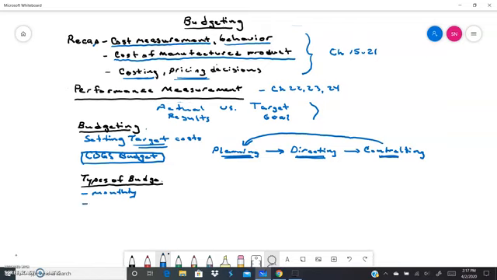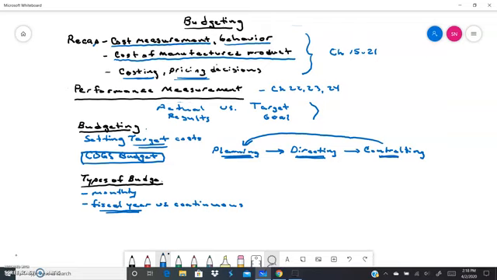Usually there's two types. One is fiscal year budgeting versus continuous, and these are in the textbook. You can take a look at that. Fiscal year means we're just going to look at the current year, and each month that goes by, we just have many fewer months.